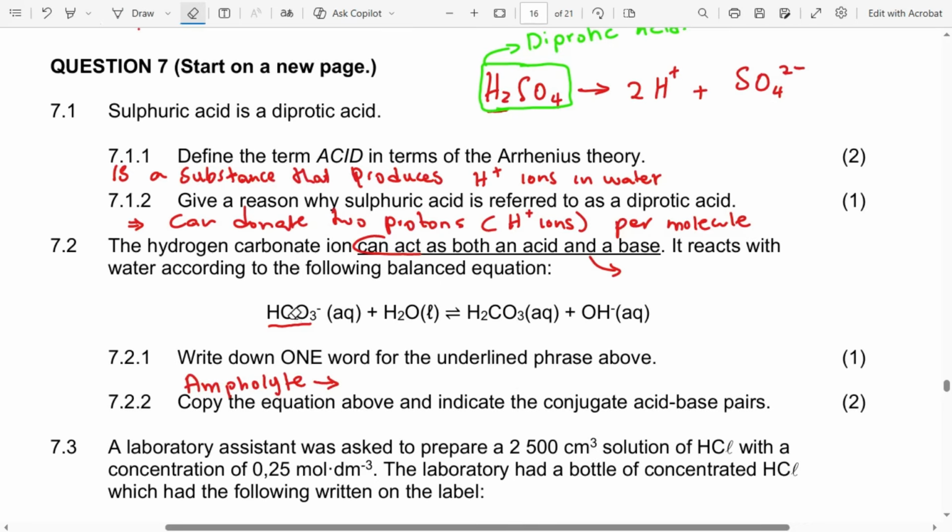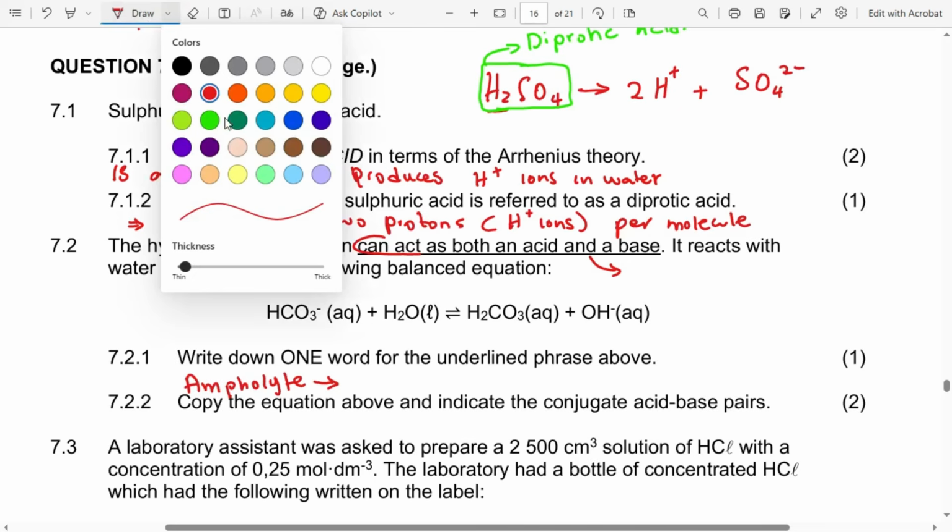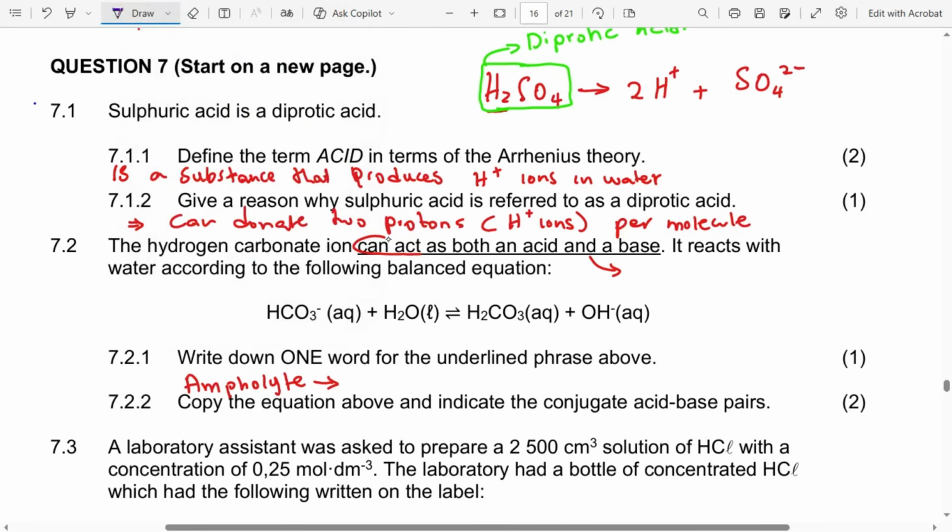So guys, I'm just going to try and work it out here. Let me analyze this step by step on the board. First thing first, you need to identify the conjugate acid base pair. Number one, start by identifying the proton transfer.